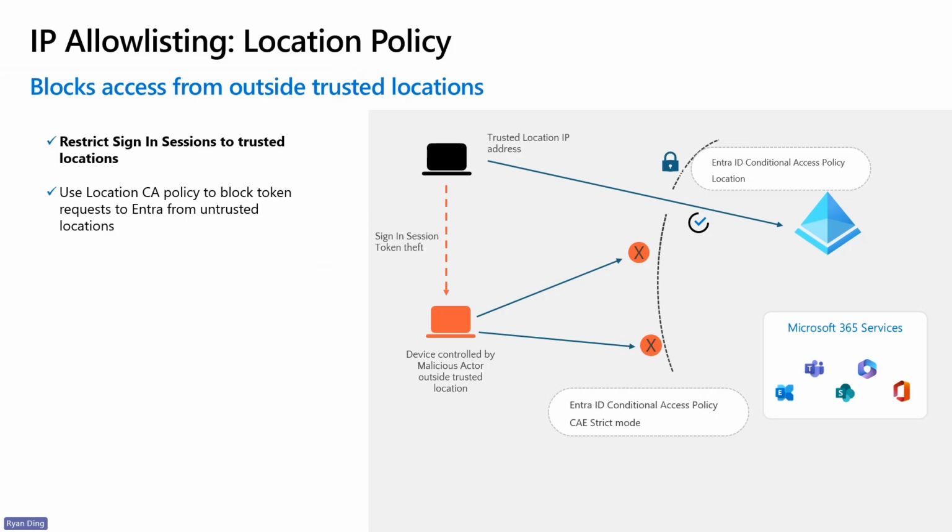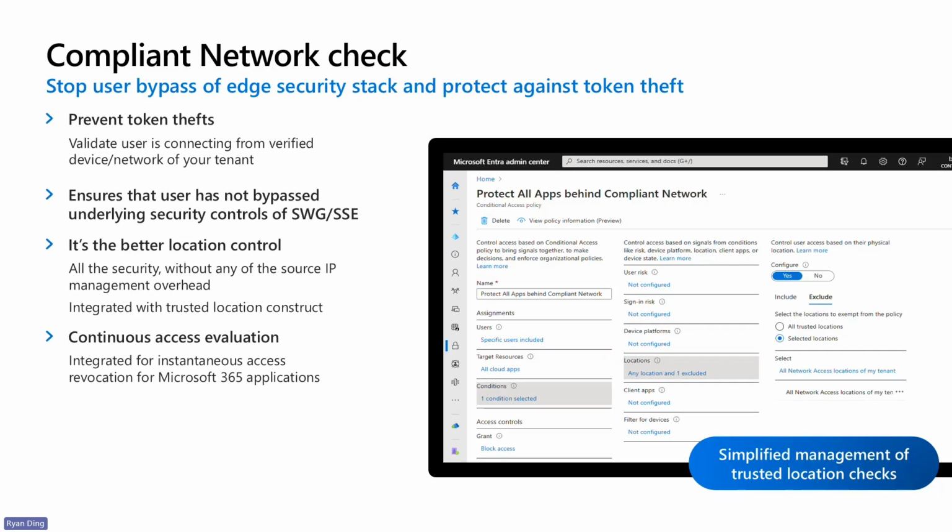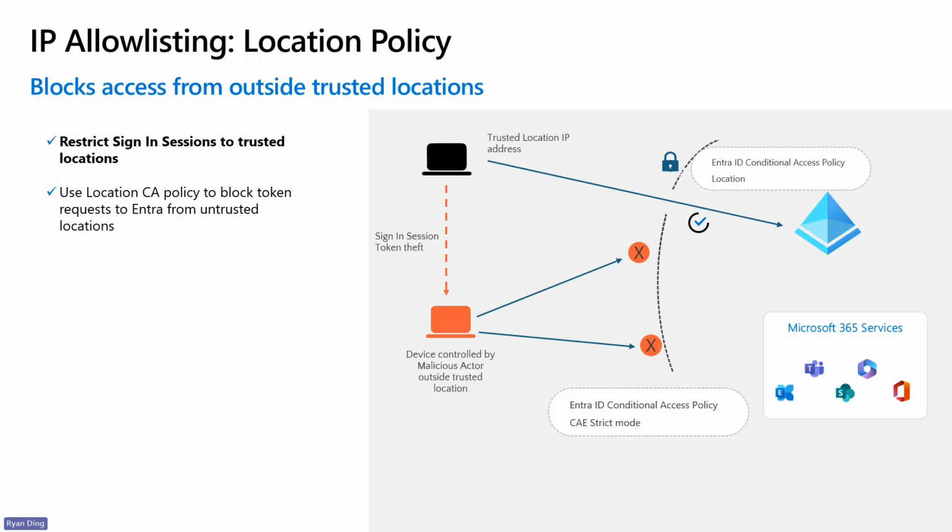Okay, and then the last couple of controls that we're going to talk about, oopsies, went a little bit too far forward, are going to be our trusted locations in Entra ID conditional access, right? So a basic trusted location or physical location would be something like a trusted IP, right?